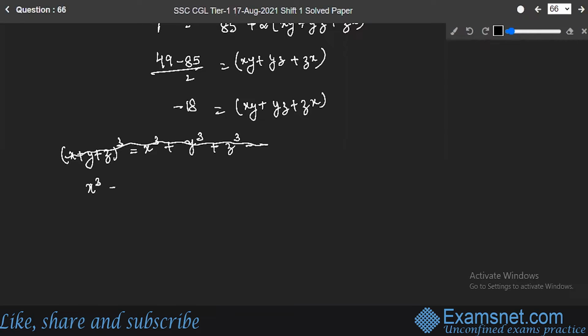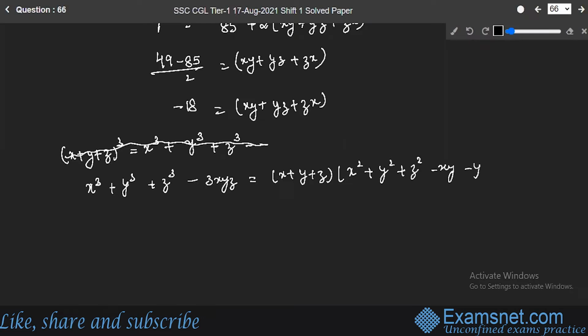This will be the better one to use in this place. x³ + y³ + z³ − 3xyz is equal to (x + y + z) multiplied by (x² + y² + z² − xy − yz − zx). Okay, this will be a better one, because otherwise this will go in a lengthier way, so we'll be using this identity.